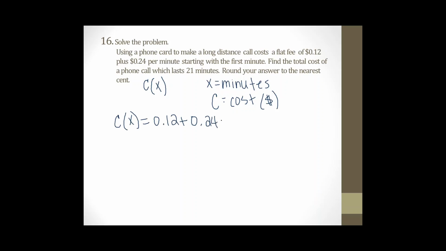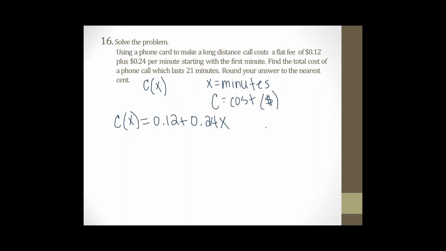So we're going to multiply 24 cents times X and then add that to 12 cents. So if it was 1 minute, it would be 12 cents plus 24 cents times 1. If it were 2 minutes, it would be 12 cents plus 24 cents times 2. So this is my equation modeling the situation.